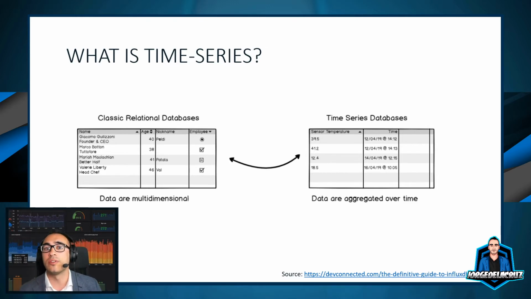But if you want every second information of thousands of VMs or systems, and you want to keep that for a long time, then that becomes huge and later on difficult to query all of that. So in this case, time series solves that problem, because per every timestamp you can have all the tags that you need and the values that you need and so on. So the data is aggregated over time.